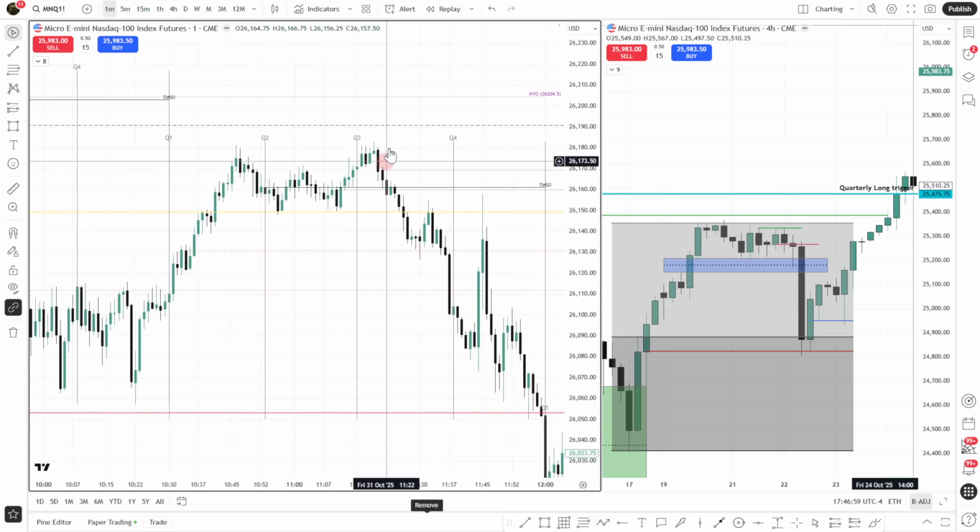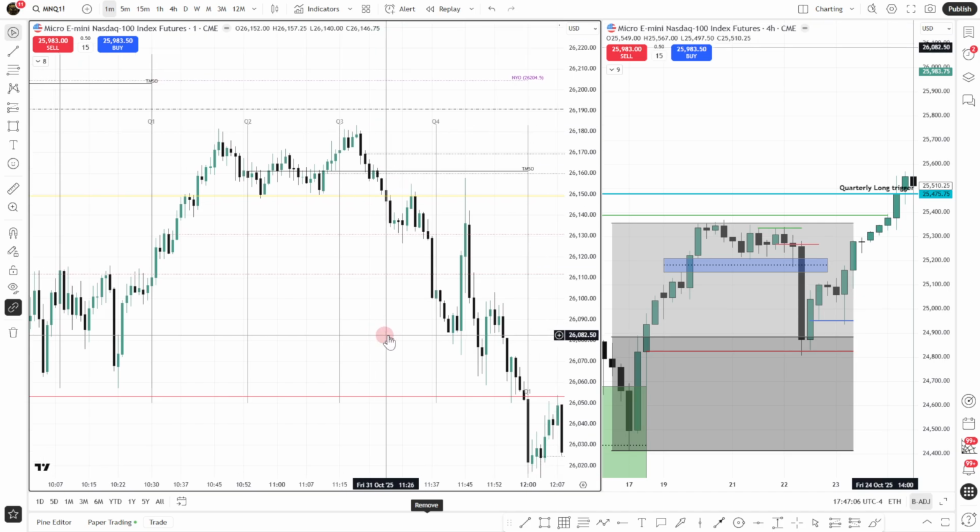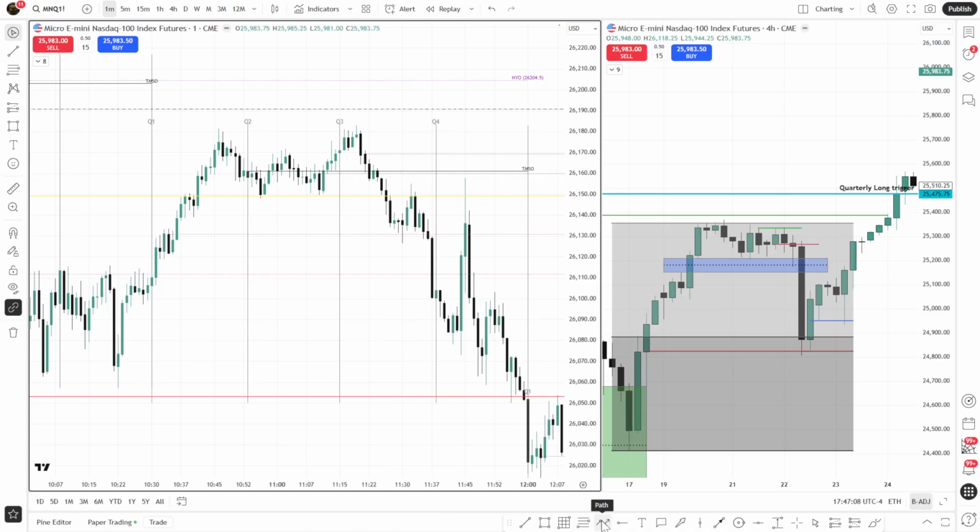I love matching this stuff up with the quarterly. Yeah, it depends on how large the range is, Darius.